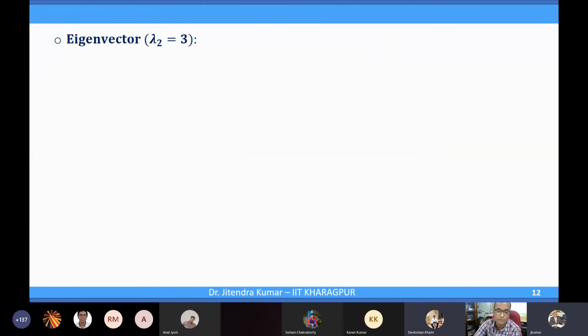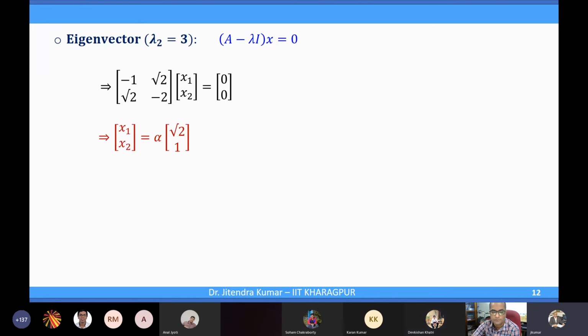Okay. Now the other one, lambda equal to 3. The matrix becomes minus 1, root 2; root 2, minus 2. So here the eigenvector is square root 2 and 1. Sir, it is on the same line as the column vector of the original matrix.